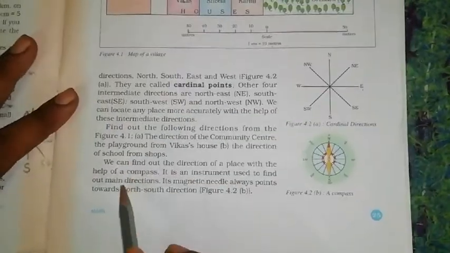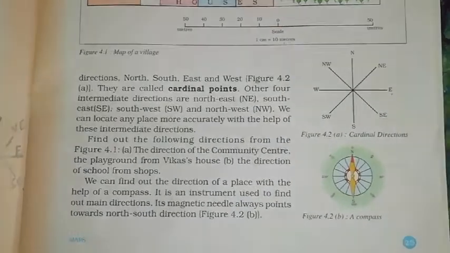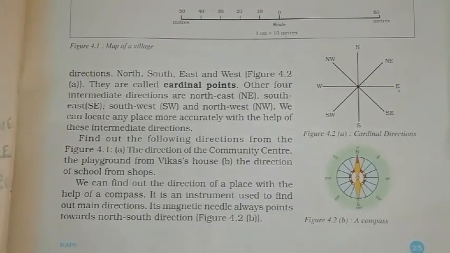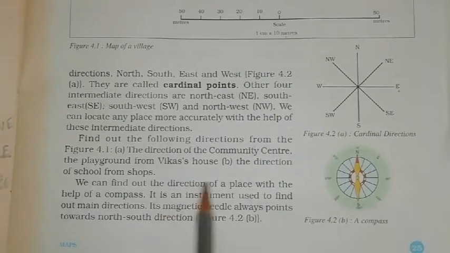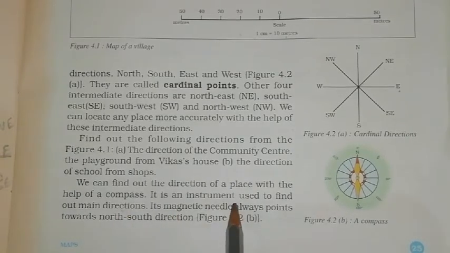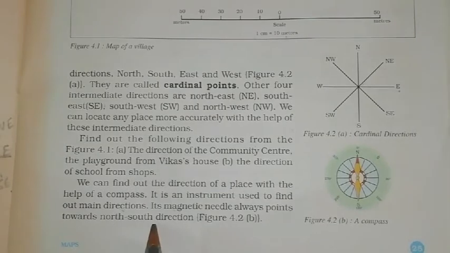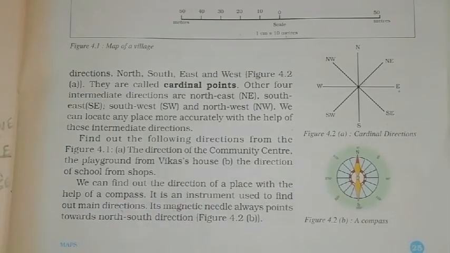Now look, we can find out the direction of a place with the help of a compass also, because the compass rests in the north south direction. It is an instrument used to find out the main directions. Its magnetic needle always points towards the north south direction, which is north and which is south.